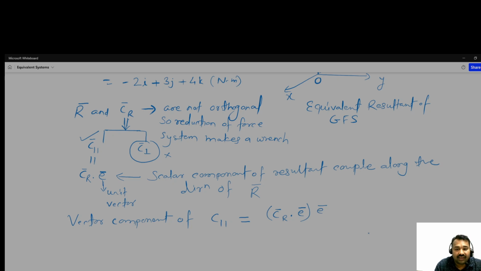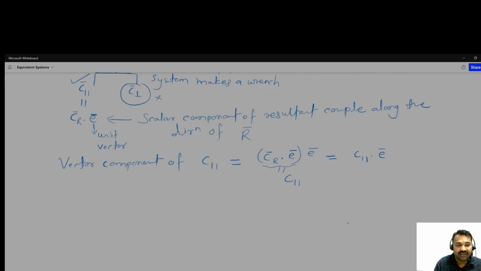As we know, this is equal to C parallel, the scalar form, multiplied by the unit vector. In this way we can get the vector component of C parallel. Then how to get C perpendicular? The resultant couple is given, so by subtracting C parallel from it, we can get C perpendicular.